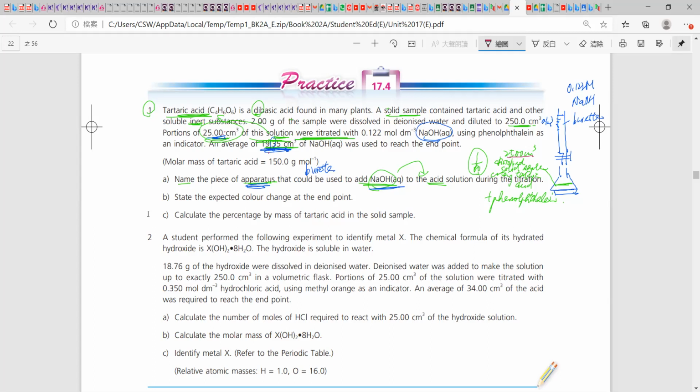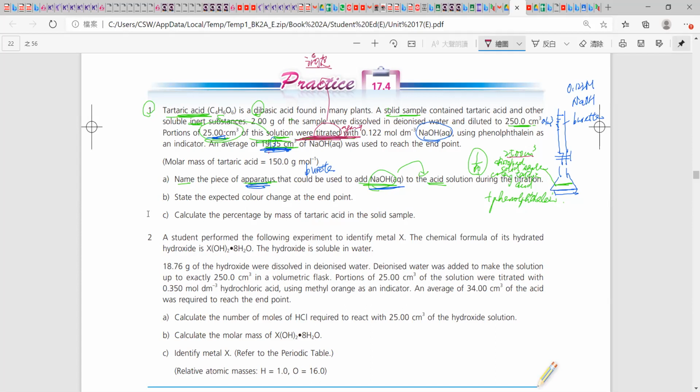The third item that you may see is the phrase 'were titrated with' or 'were titrated against'. What is meant by titrated? Titrated means added drop by drop.